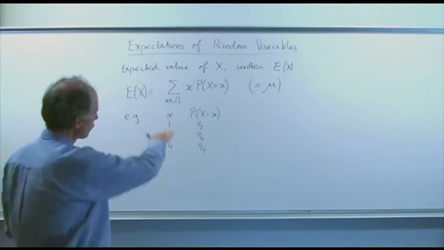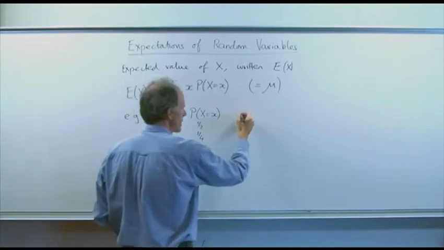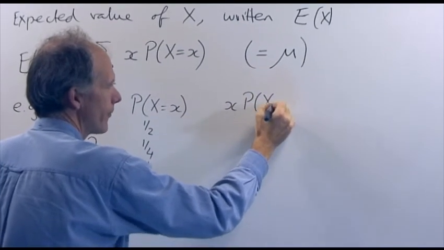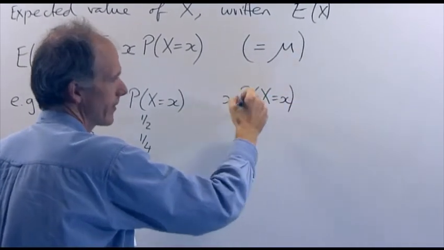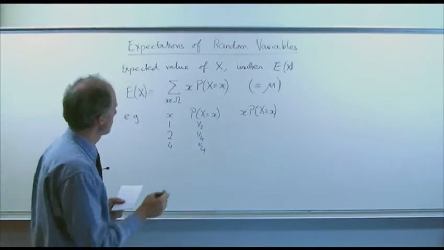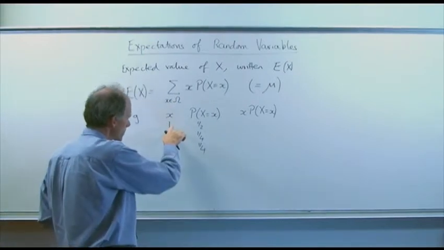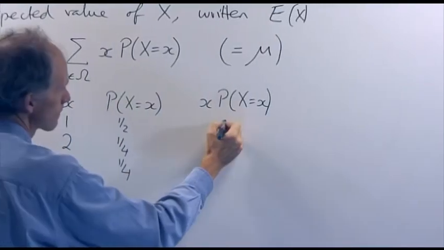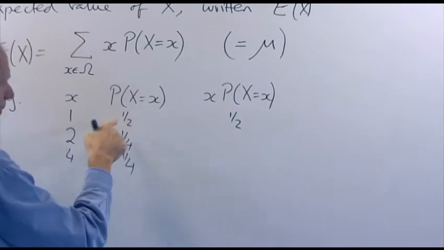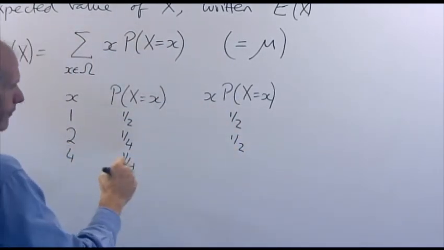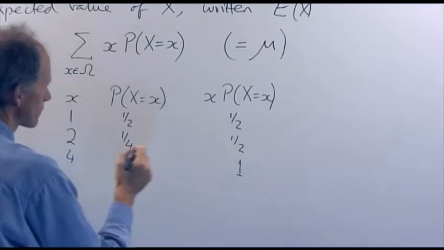When we've written these two columns down, it's very easy now to write a third column, which is simply the product of the first two columns. This is a bit like what you might have in a spreadsheet, where you simply multiply one column by another. So we simply take the product, as it says in the formula, of x times its probability. So 1 times a half is a half, 2 times a quarter is also a half, and 4 times a quarter is 1.